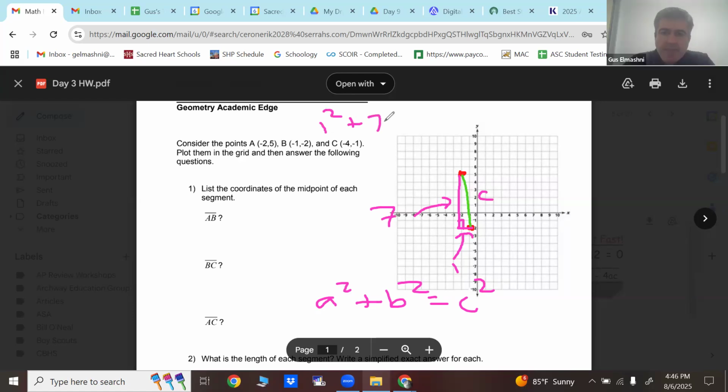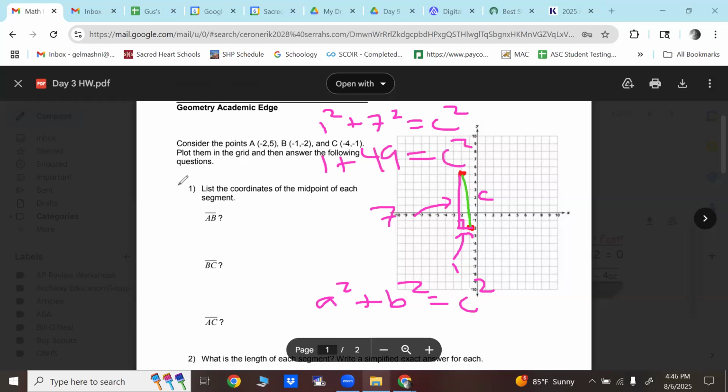It's all right. But if you solve for C, what do you got? What's 1 squared? 1 and then 49.